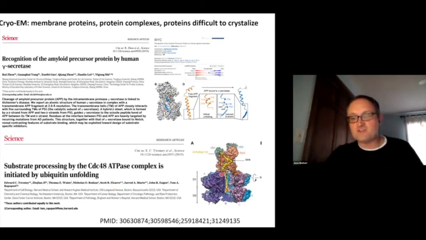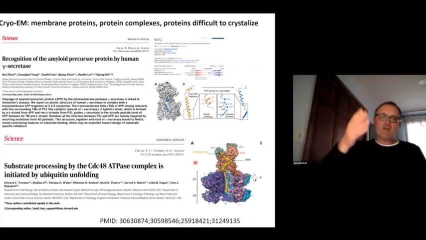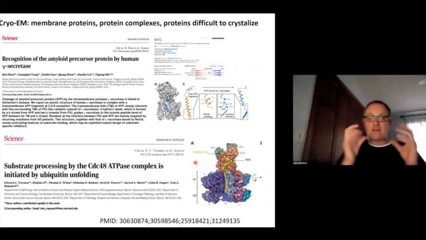Another example here is a machine that, again, goes across the membrane, but this is an unfolding process, and what they've captured here is an ubiquitin molecule being unfolded and transported across a biological membrane. So the take home here is assemblies of proteins.